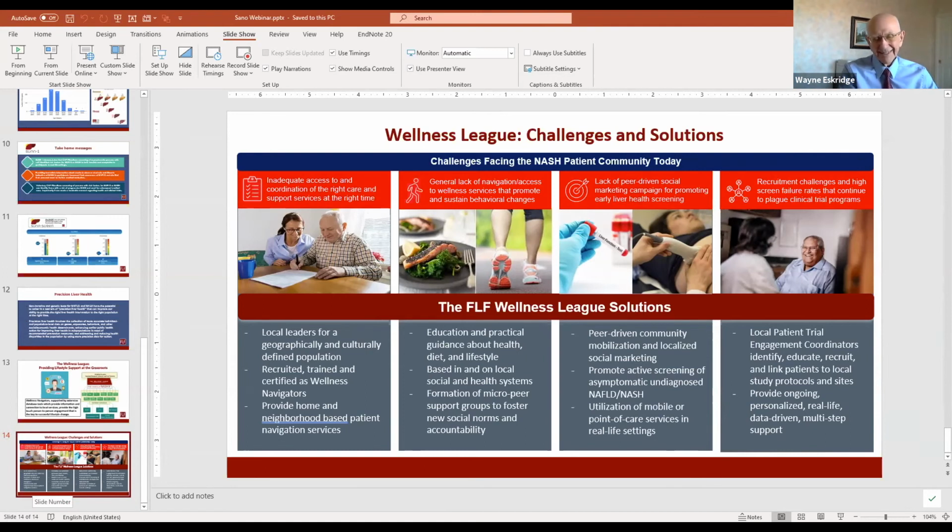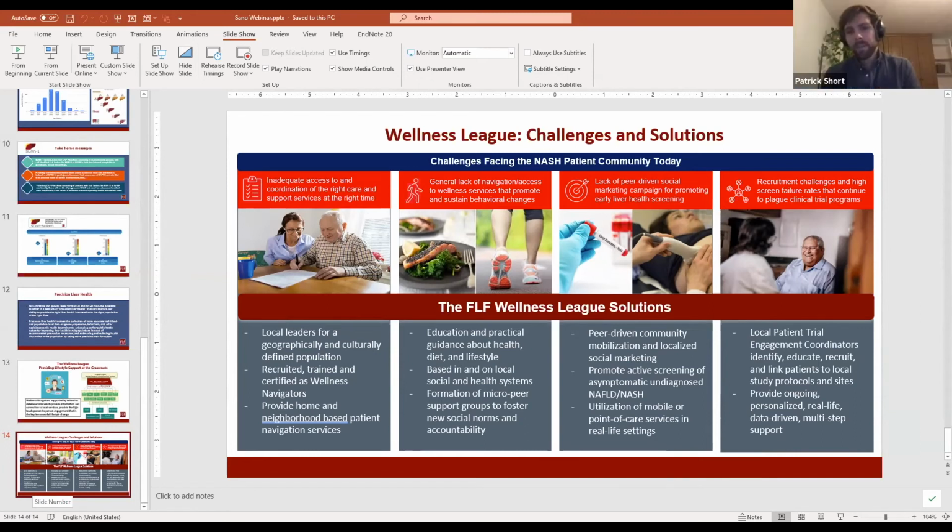And that's really what we see as the Wellness League: community-based people that have the right training to carry the message of the nutritionist and the doctor into how people can change the way they think about living and those million little day-to-day decisions that make or break healthcare.